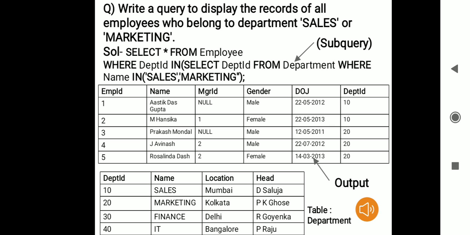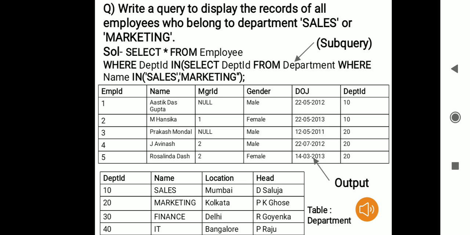So the DPT ID should be selected from the subquery. So from the subquery we will be selecting those DPT ID from the table department where the corresponding name is either sales or marketing.